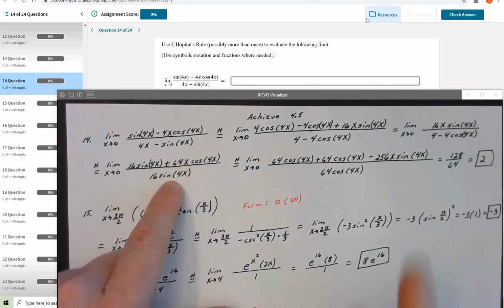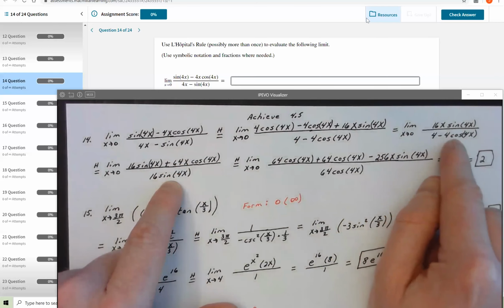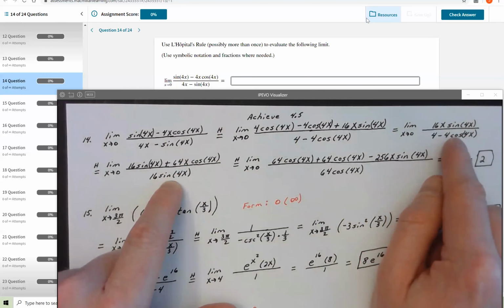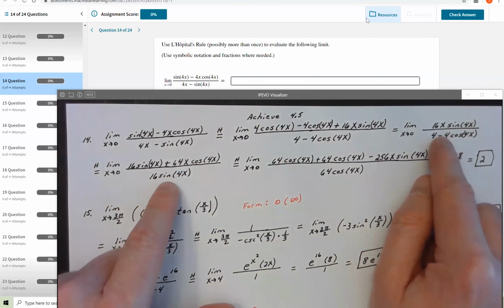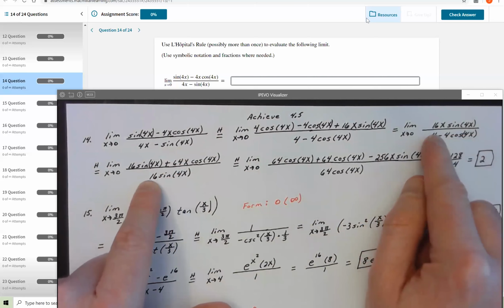My denominator, derivative of the constant, canceled out. Derivative of negative 4 cosine of 4x would be, I know the derivative of cosine is going to be negative sine, so that's changing that to a positive. 4 sine of 4x times 4, that's where the 16 came from.